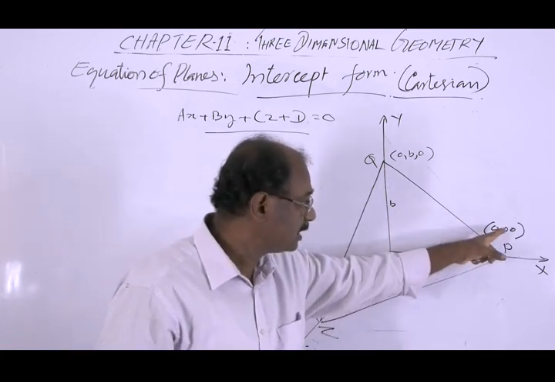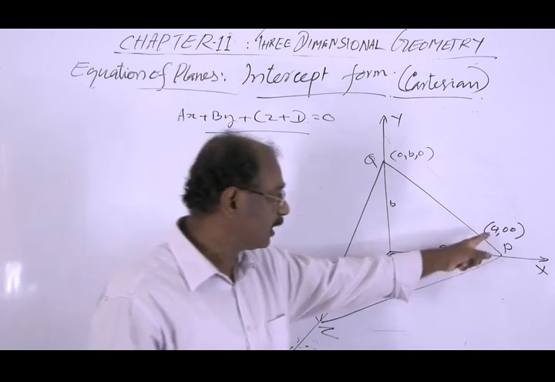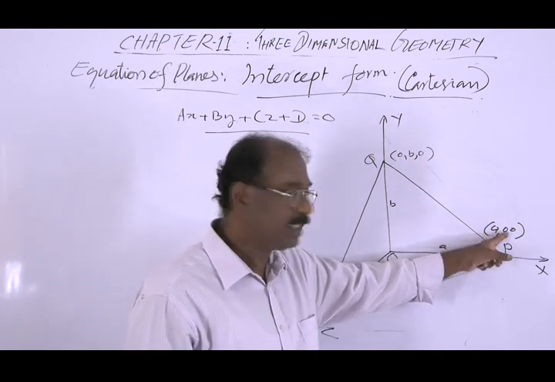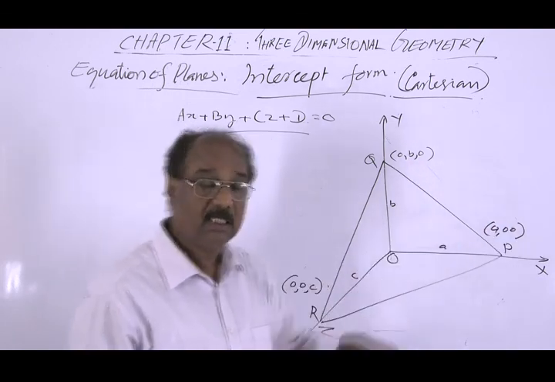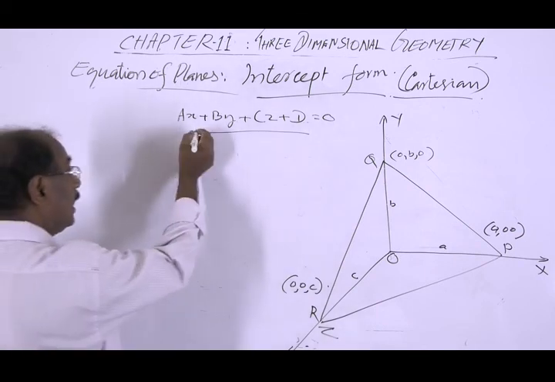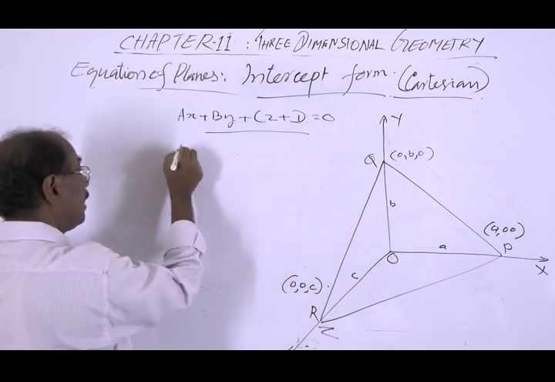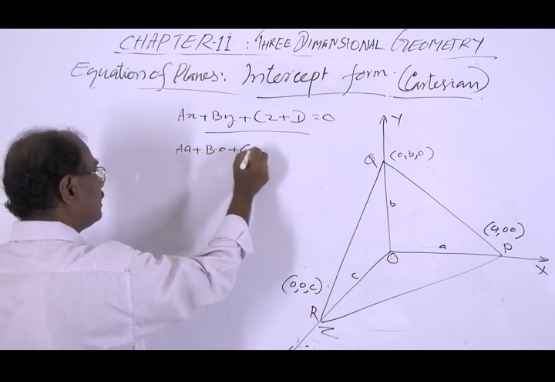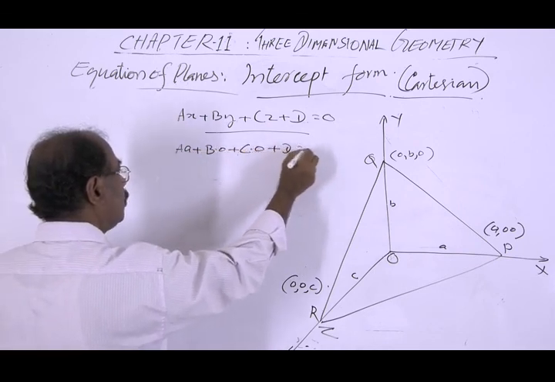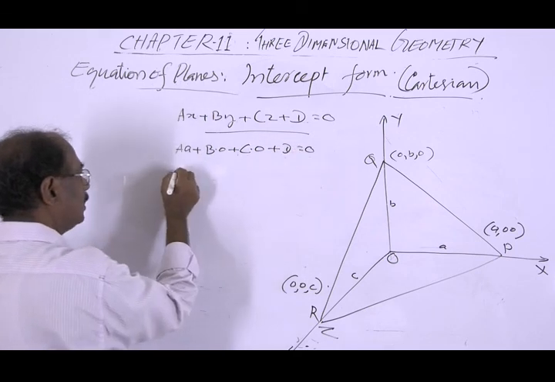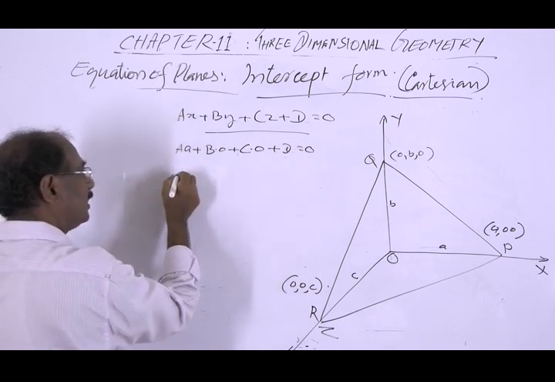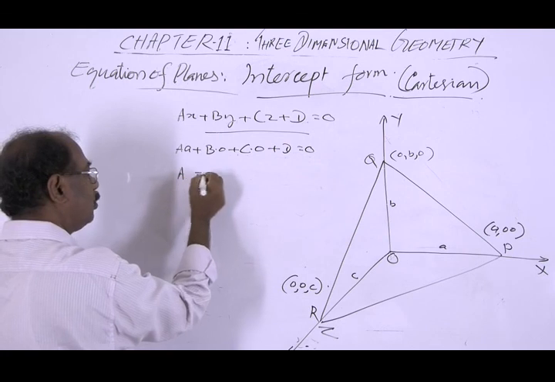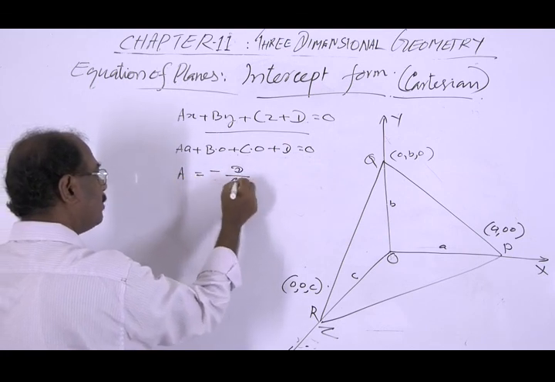So substituting a for x, 0 for y and 0 for z, we get capital A times a plus capital B times 0 plus capital C times 0 plus D equal to 0, or capital A is equal to minus D by small a, equation 1.